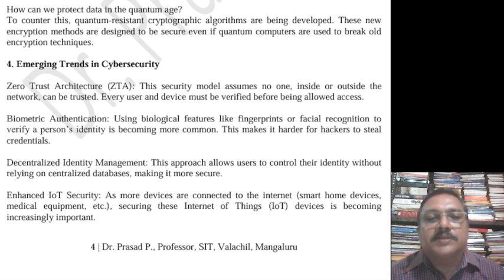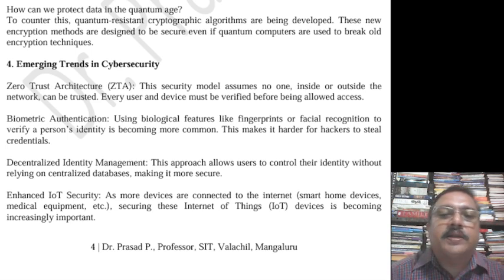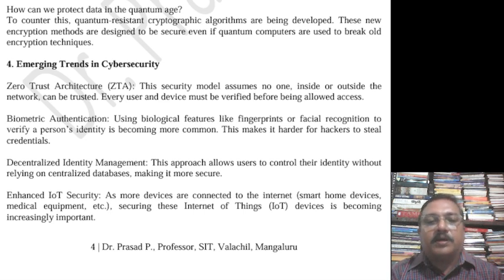Every user and device must be verified before being allowed access. Even when the CEO uses his own personal laptop, before he enters the company system, that device also needs to be verified and confirmed that no loopholes are there. That is called zero trust architecture.